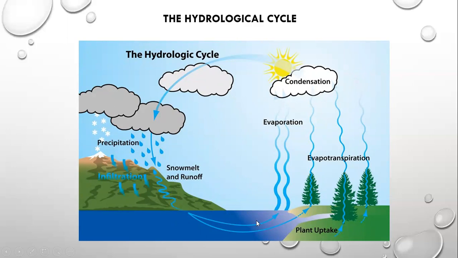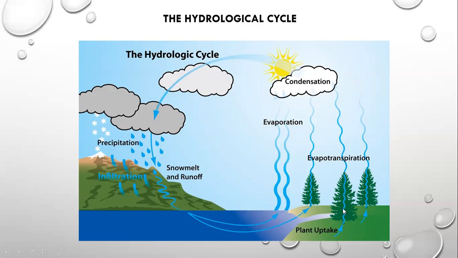And when water is warmed up, it rises in form of water vapor. And that is the process of evaporation. So water will evaporate from this water body into the atmosphere, as you're able to see, in form of water vapor.